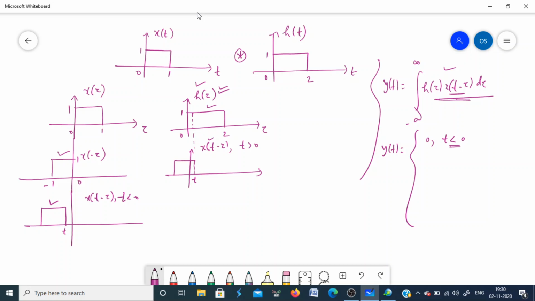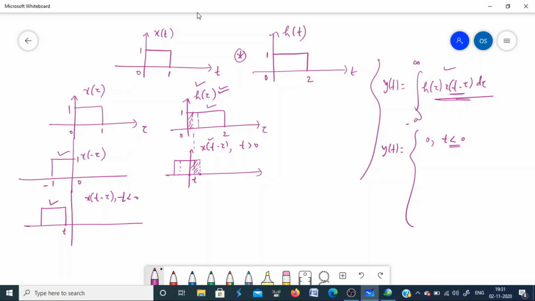Up to which time does this product remain constant? This function may also be here, shifted by this time. So this much is your overlapping region. Initially it was this much, now it will become this much, from 0 to t. So t can be anything greater than 0.